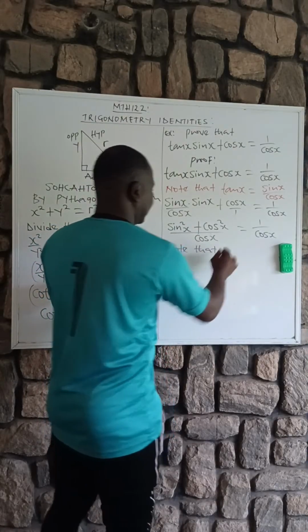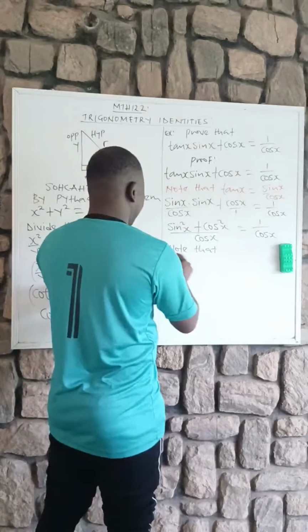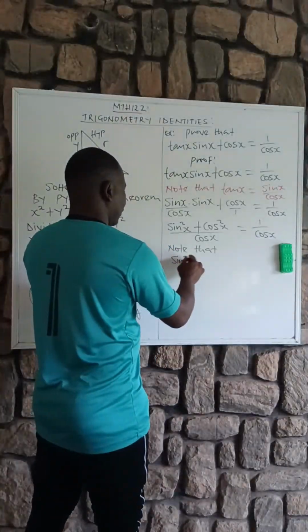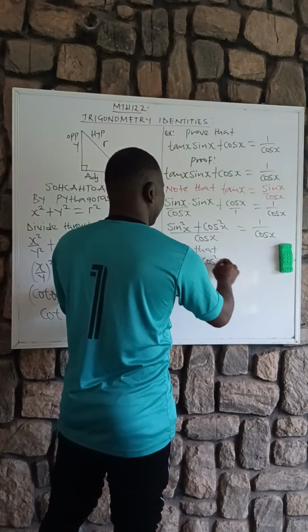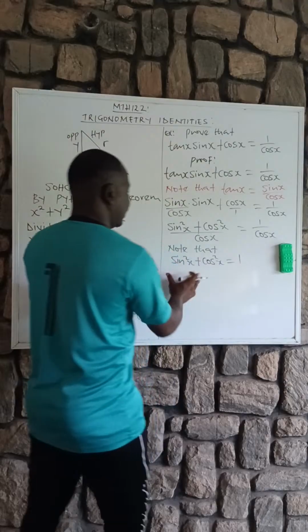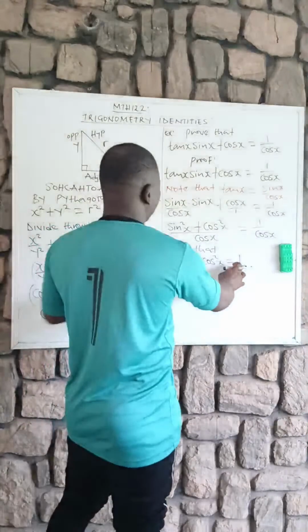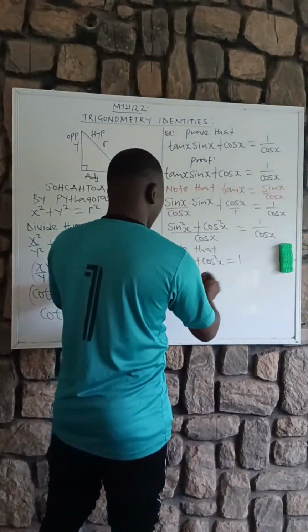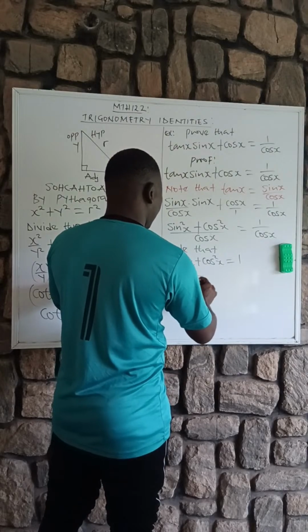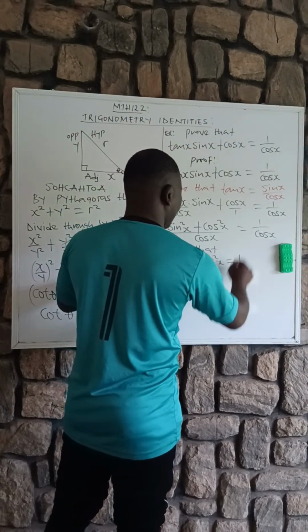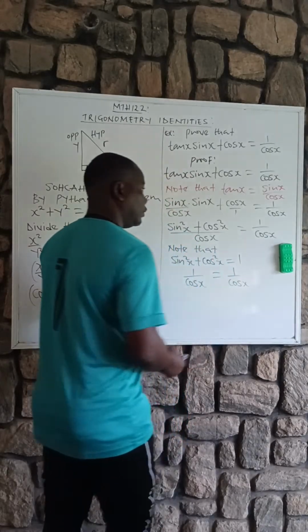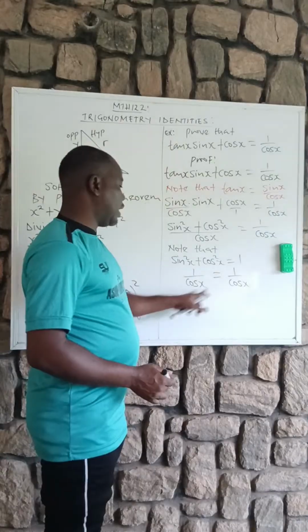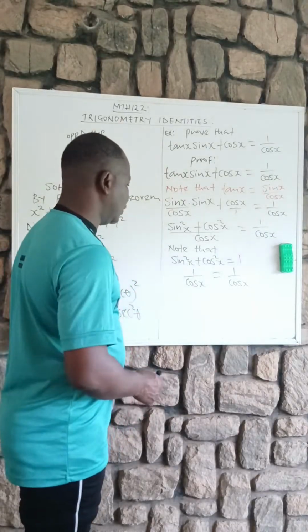Note that we just proved that sin square x plus cos square x is equal to 1. So instead of this, we write 1 here. So here will be 1 all over cos x. You can now see that the left hand side is equal to the right hand side.